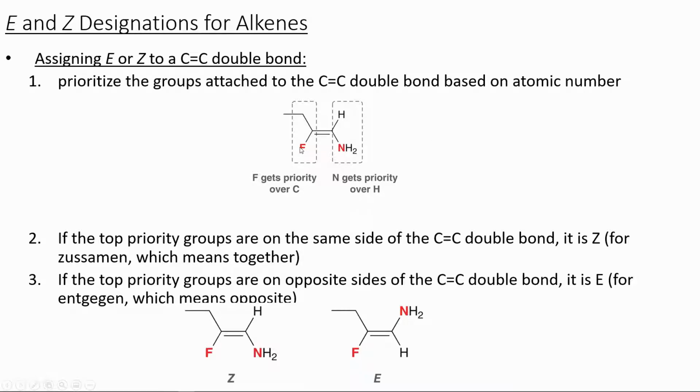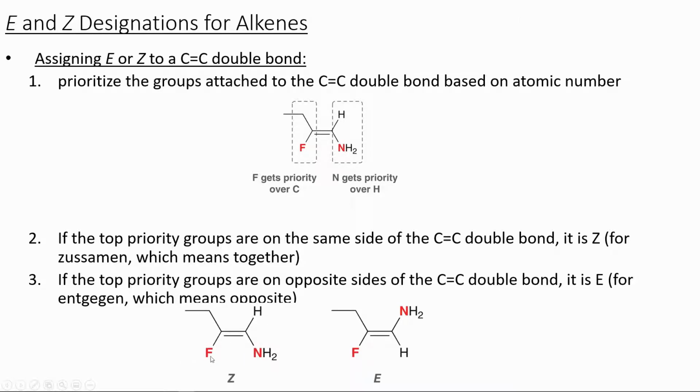So we prioritize F as the number 1 and N as the number 2, carbon is the number 3, and hydrogen is the number 4. But we really just care about the first two priorities. So this would be a Z because we have the first two priorities on the same side of the double bond. And that Z stands for Zusammen, which means together.